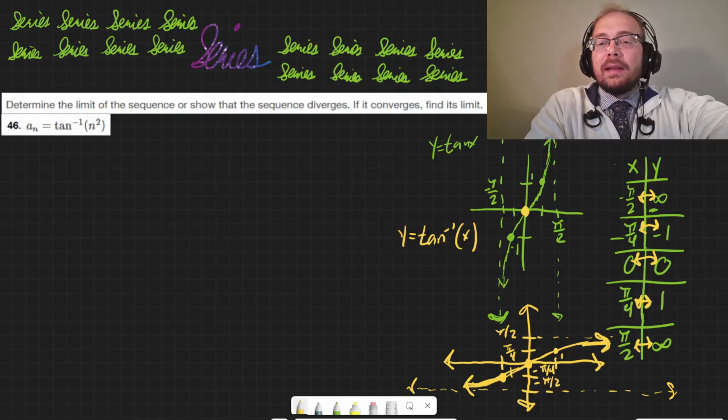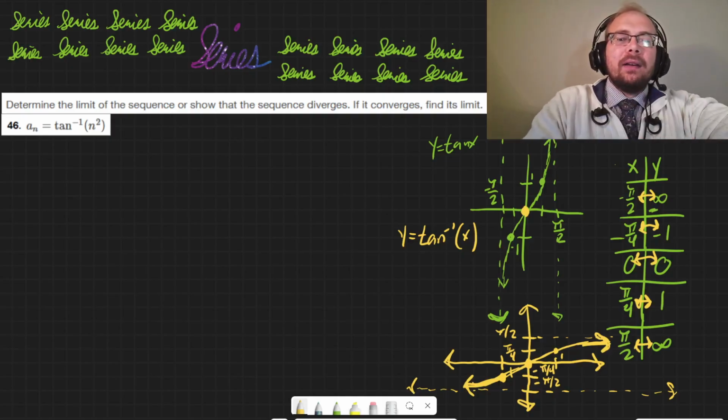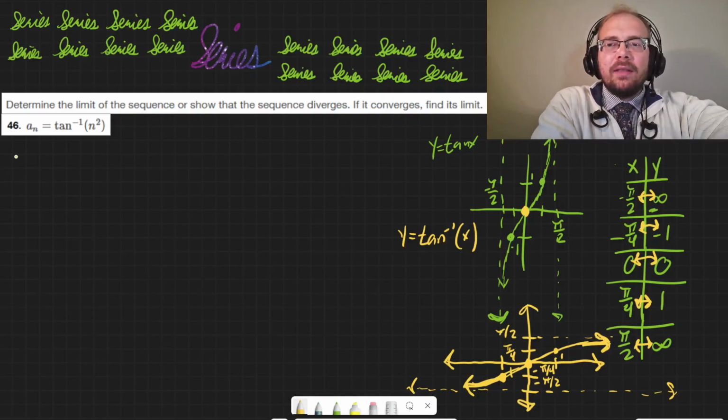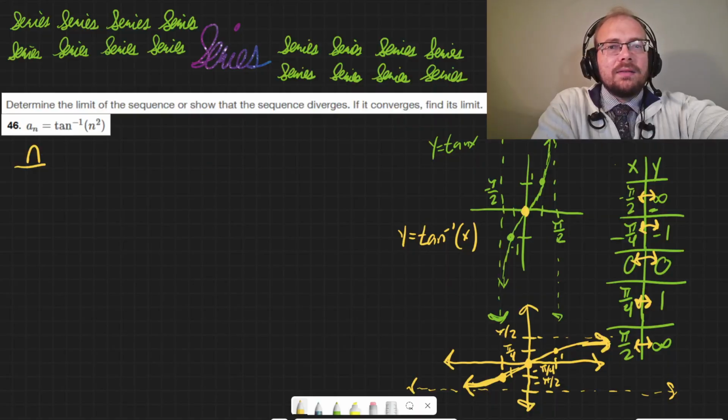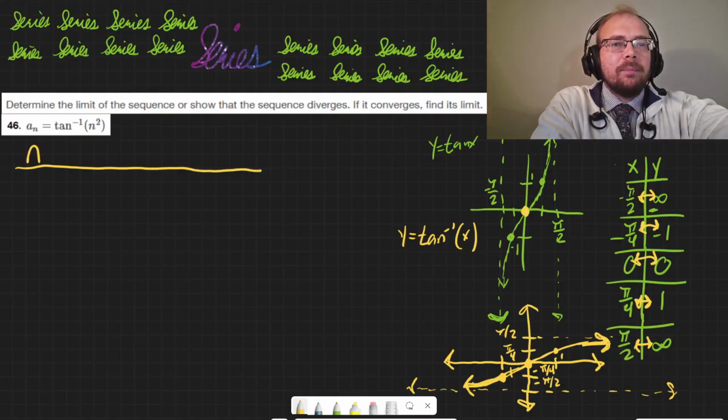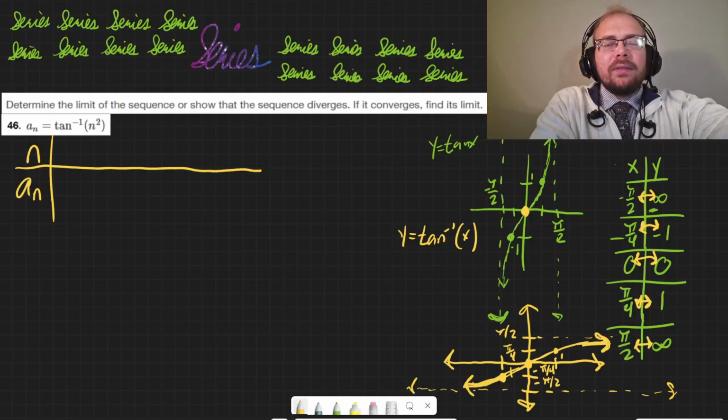And we can look at that with specific values as well. So let's say we make a t-chart out of this. So if we're using n and a sub n, it's a little laggy here. If they don't say what the sequence starts at, then it starts at 1.